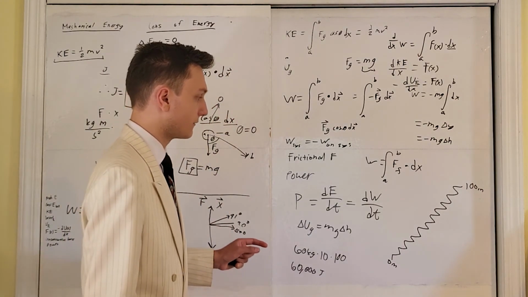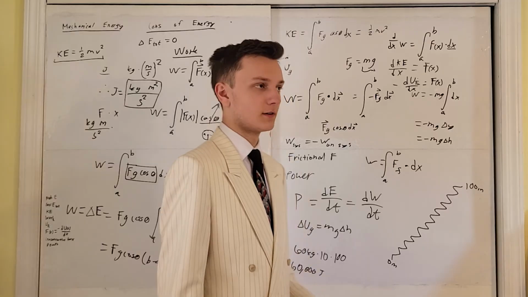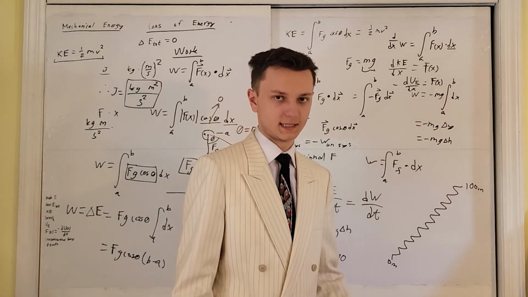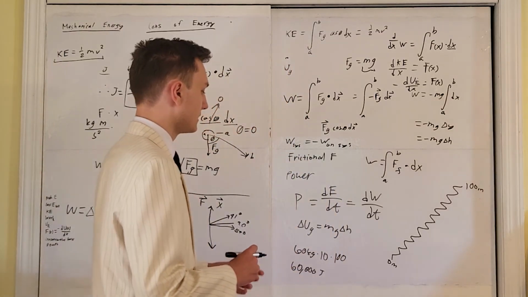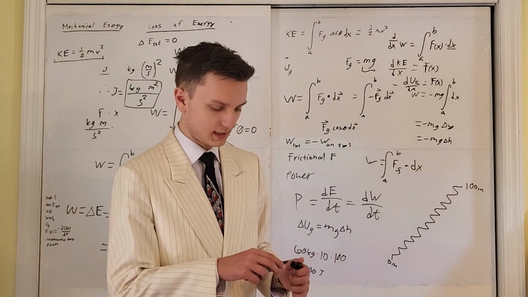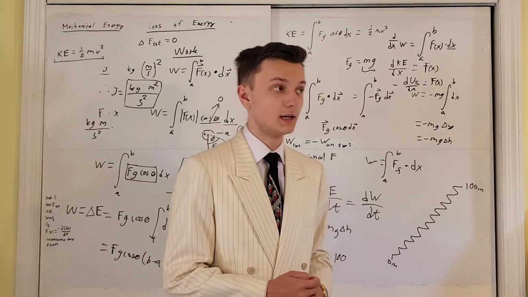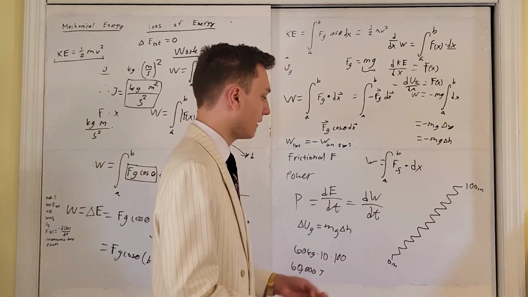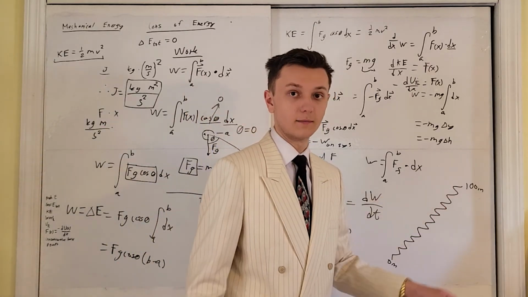However, if I sprint up the stairs versus if I walk up the stairs and take 10 minutes to get there, the total amount of gravitational potential energy doesn't change, okay? Therefore, the total amount of energy I need to expend in order to get from bottom to top doesn't change.